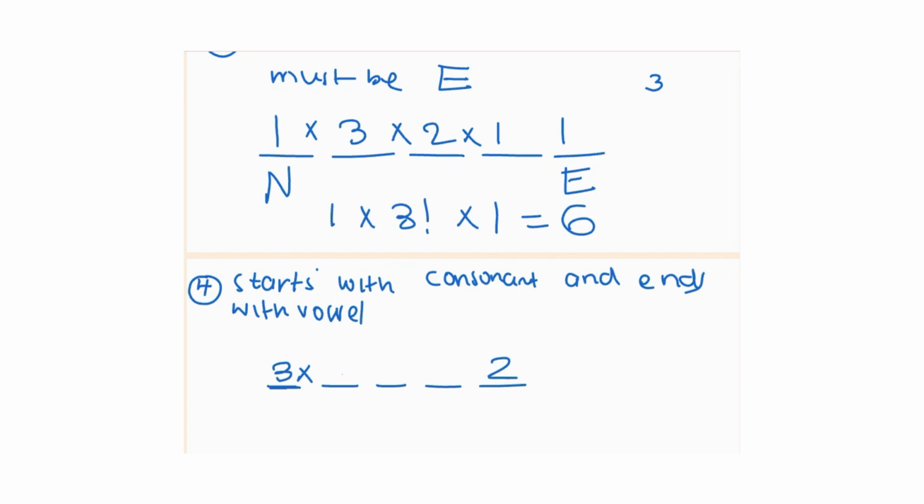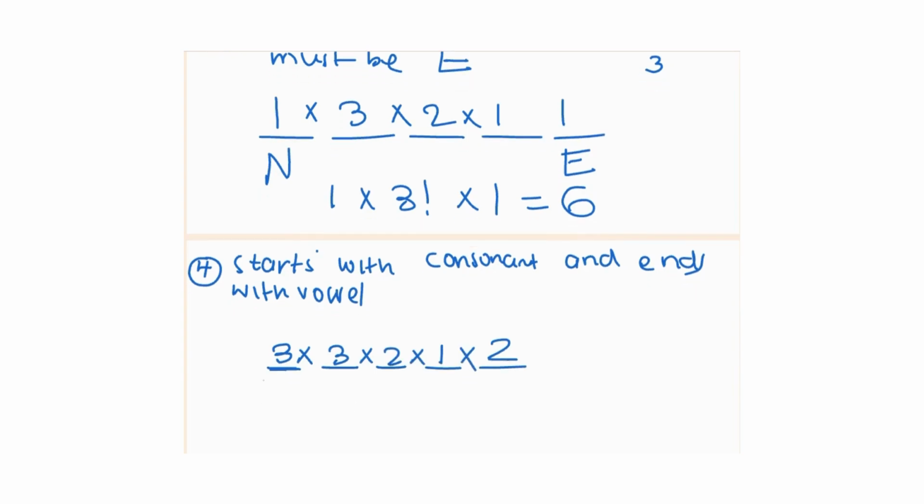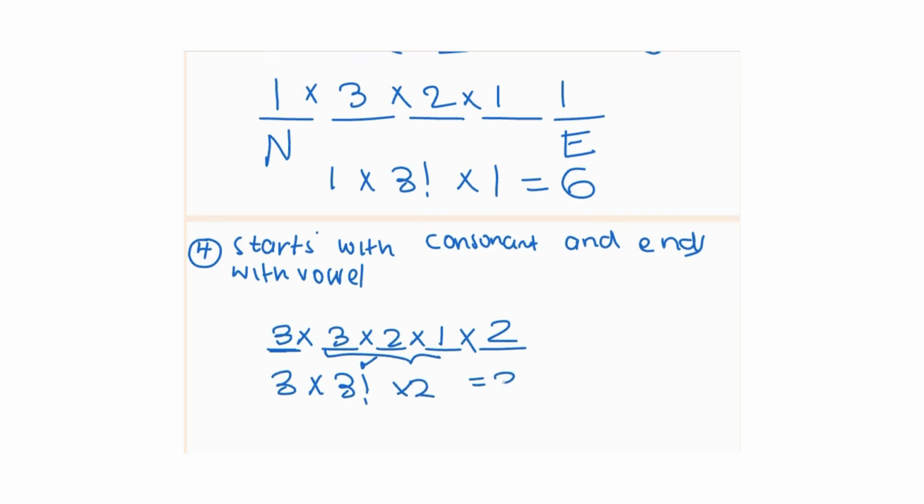We have 3. So the middle ones can be arranged in any order. 3 times 2 times 1. So in simple terms it is 3 times 3 factorial times 2, and that gives me 36. So this is 36 different ways.